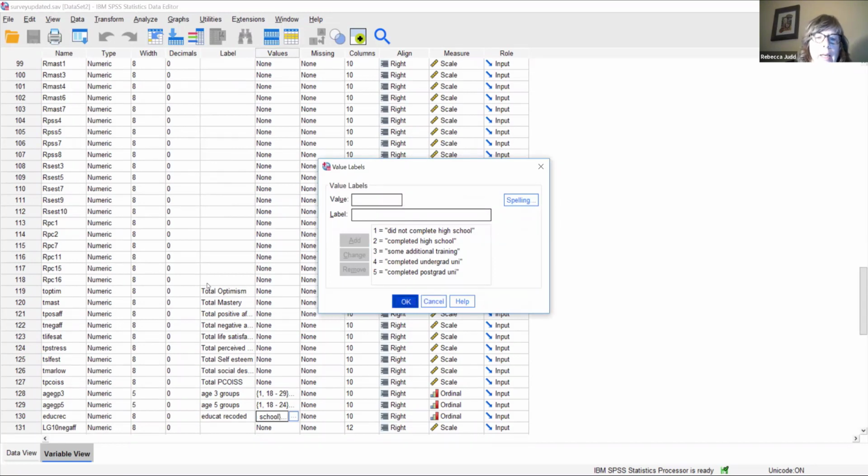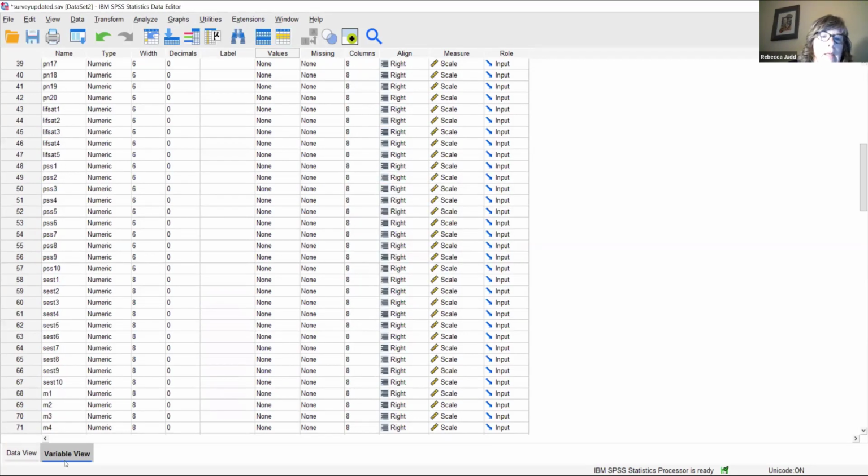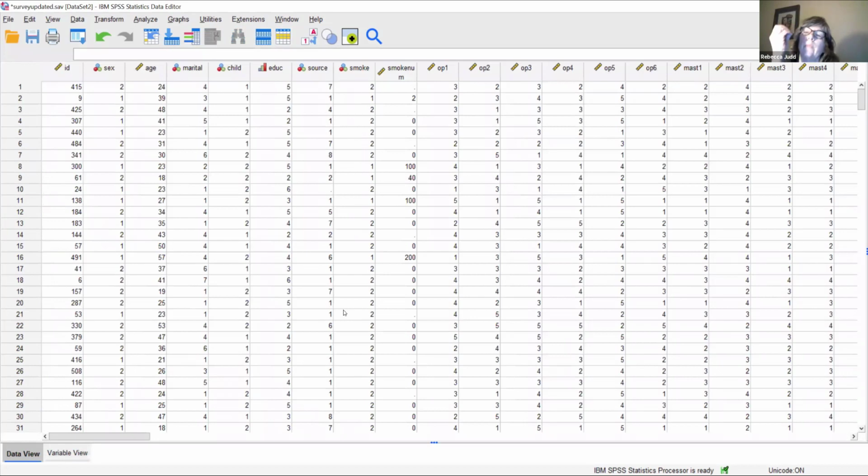So let's run a chi-square and see if those two variables are independent of each other. And what that means is, in our sample population, is the level of education going to be dependent upon the gender of the participant? So let's see what we get.